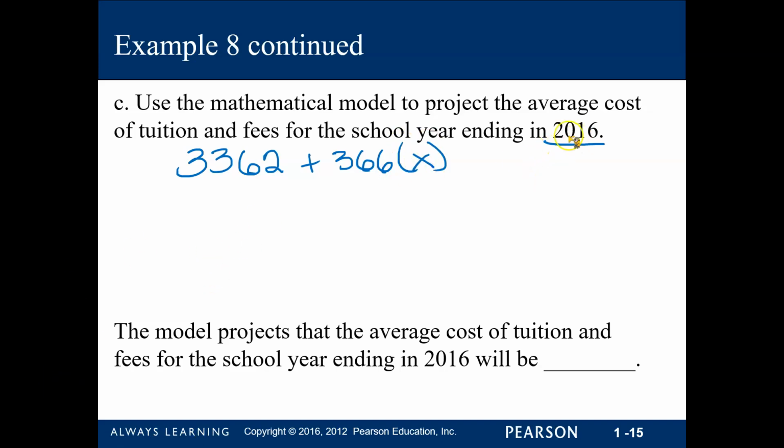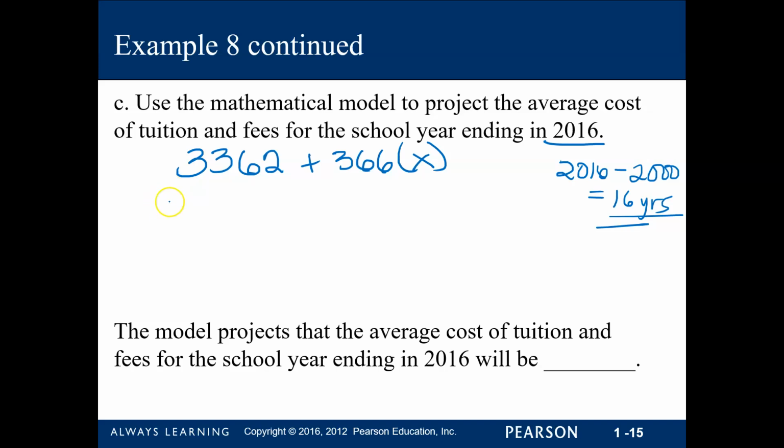As you can see, we are going to predict the value of the tuition fee by the year 2016. If you remember, our initial year was the year 2000. So the number of years would be 2016 minus the year 2000, so that's 16 years all in all. That is the value of x that we will place in here.